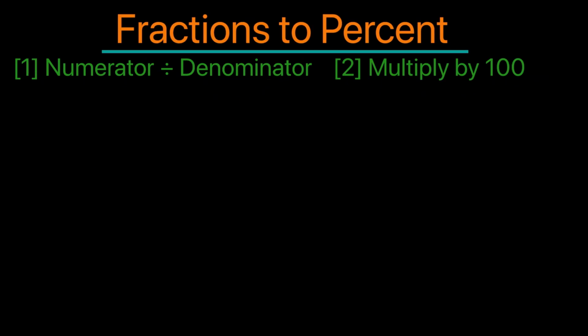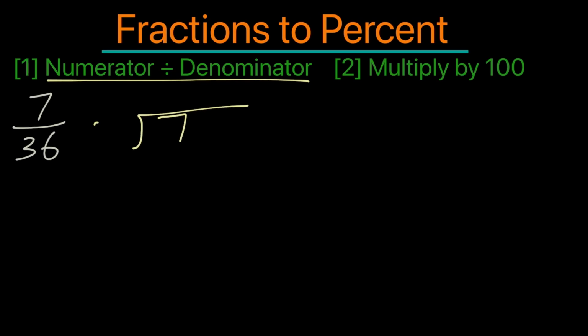What about this one? 7/36. Now feel free to pause the video if you need time to figure this out yourself before the answer is revealed. So we're gonna start the process the same way with step number 1, which is numerator divided by denominator. So in this case, 7 divided by 36.